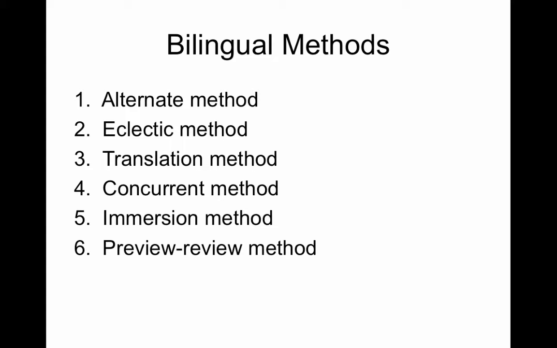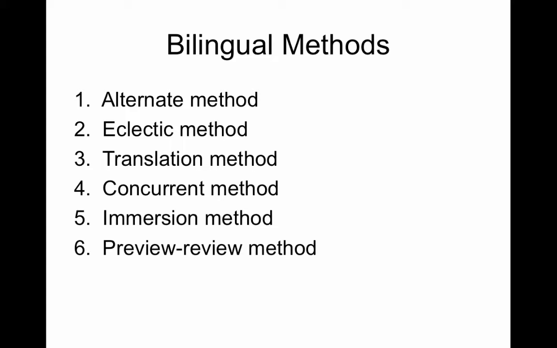And then the preview-review method is where, for those of you familiar with the 9-step lesson plan, the opening of the lesson could be done in English. The body of the lesson could be done in, for example, Spanish. And the review of the lesson, or the closing of the lesson, could be done again in English.